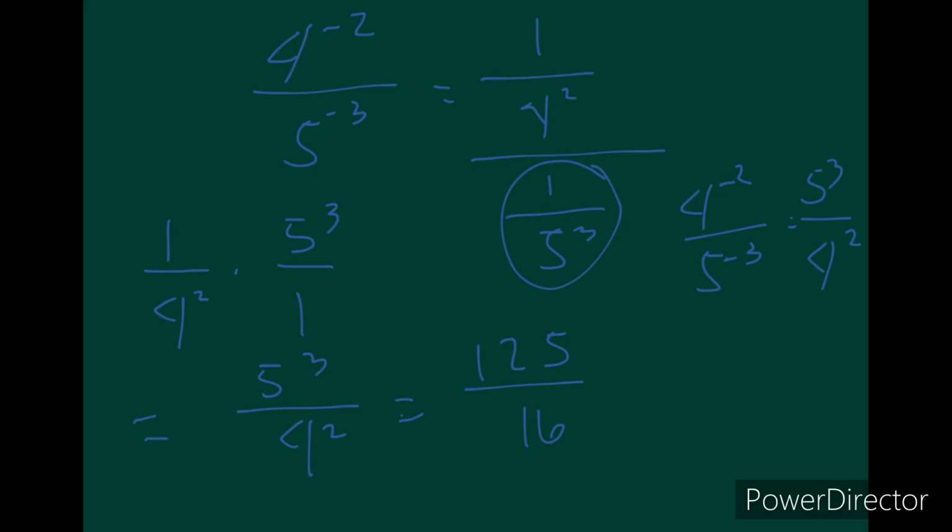In general, if a and b are non-zero real numbers and m and n are integers, then a raised to negative m over b raised to negative n is equal to b raised to n over a raised to m.